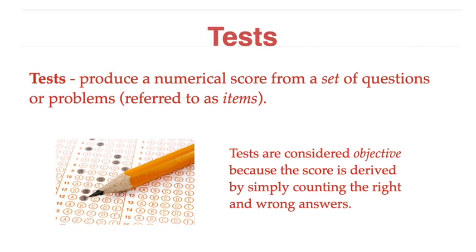Often, objective is considered to be more fair because it substitutes counting for judgment. However, the difference between a so-called objective test and a subjective assessment might not be as great as we assume. A test designer makes a subjective decision about what to include on the test. It may be someone's bad luck that what the test designer included was part of the content she didn't have time to study.